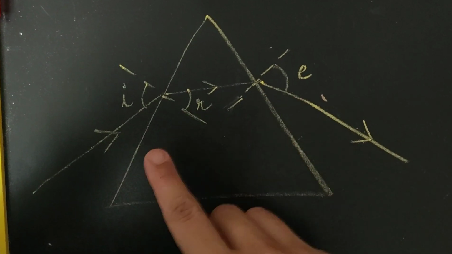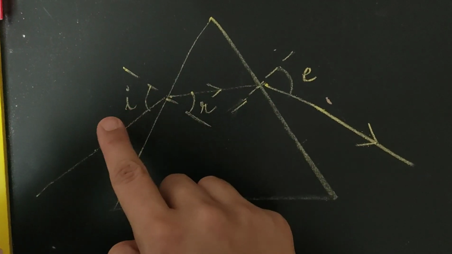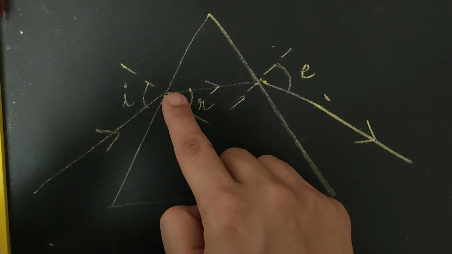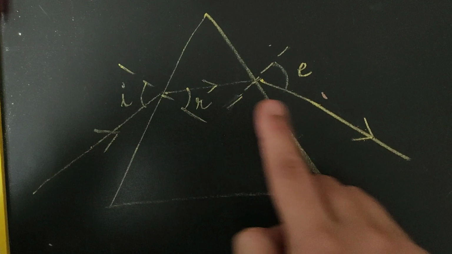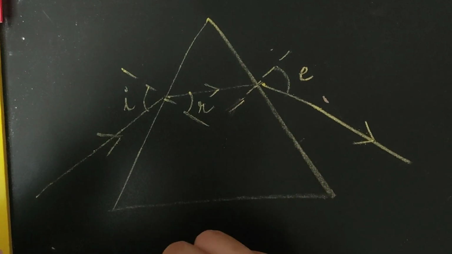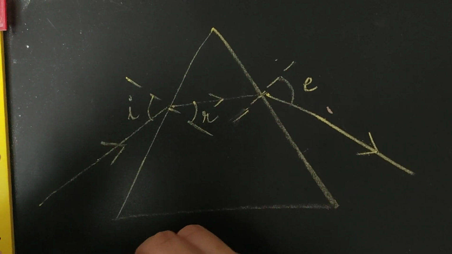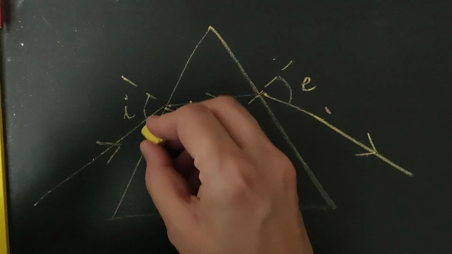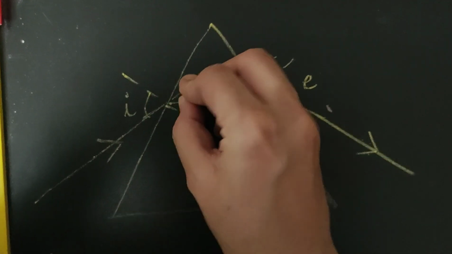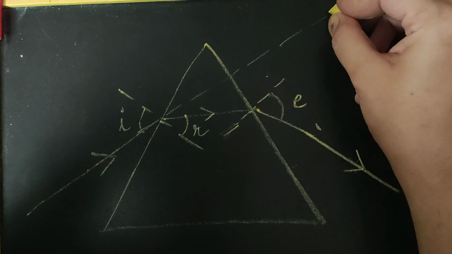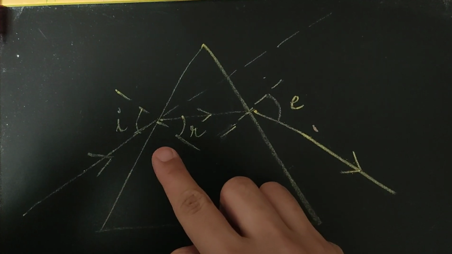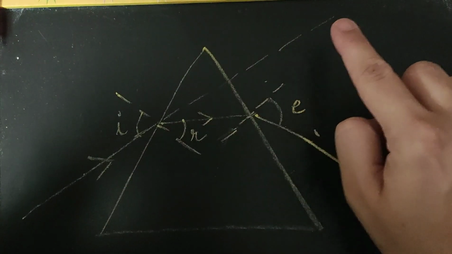Now unlike the glass slab, you can see clearly, in this case the incident ray and the emergent ray are not parallel to each other, which was the case in case of a glass slab. Whereas in this case, if I produce forward the incident ray, this was the path of light. If the prism was not there, the light would have gone straight.